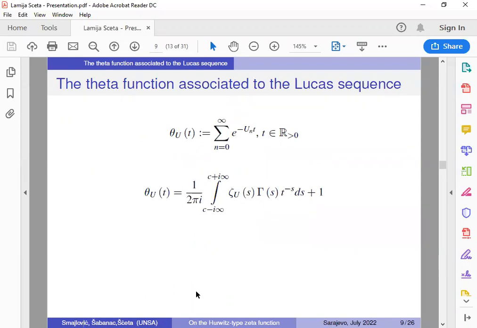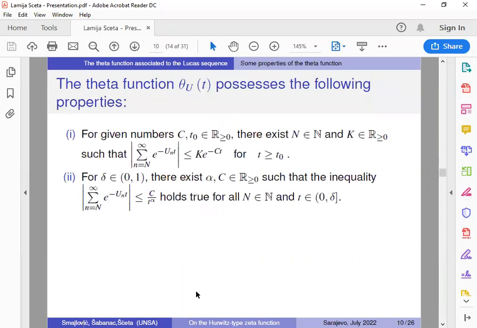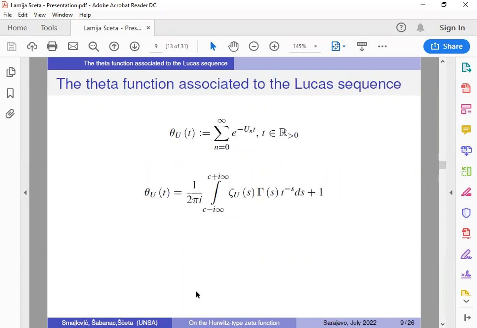The theta function can be written using the Mellin inversion formula applied to the function zeta sub u times the classic gamma function of s. The reason for that is the zeta function is meromorphic and also a convergent function.